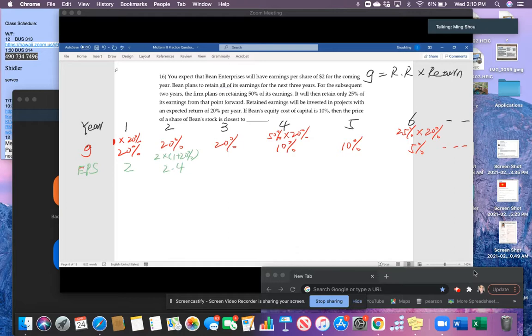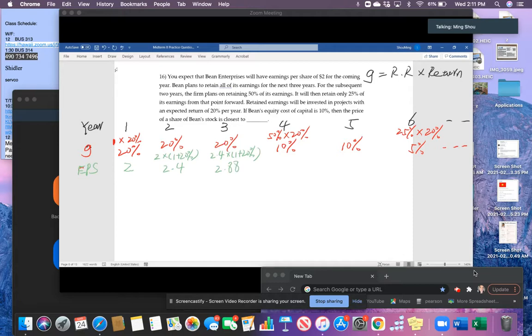So $2.4 is the earnings per share in year 2. We can use a similar way to calculate year 3: the previous year's earnings multiplied by 1 plus the growth rate, 20%, gives 2.88.